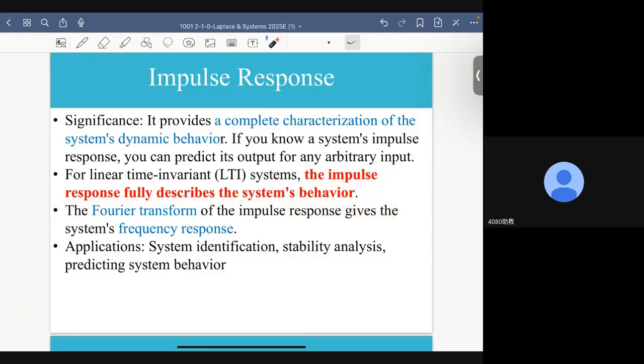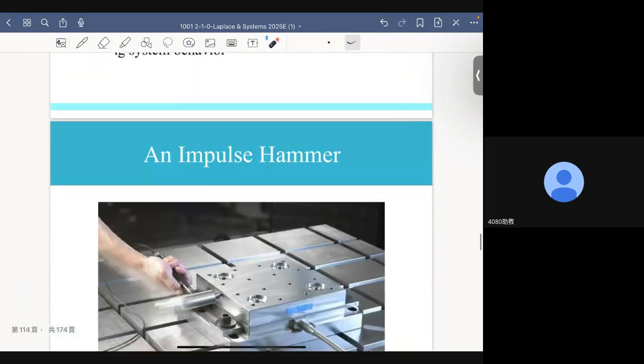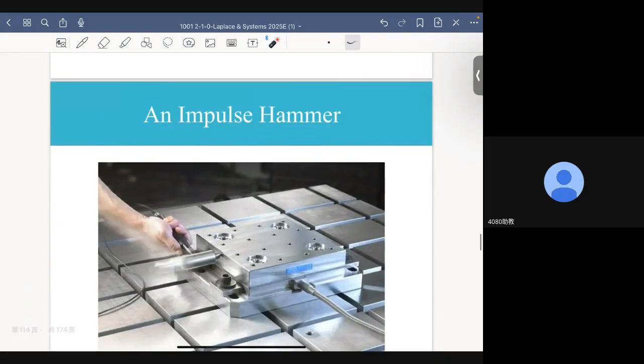Now, why do I care about that? One of the very reasons why we think the impulse response is important is because it can help us experimentally determine the model of the system.